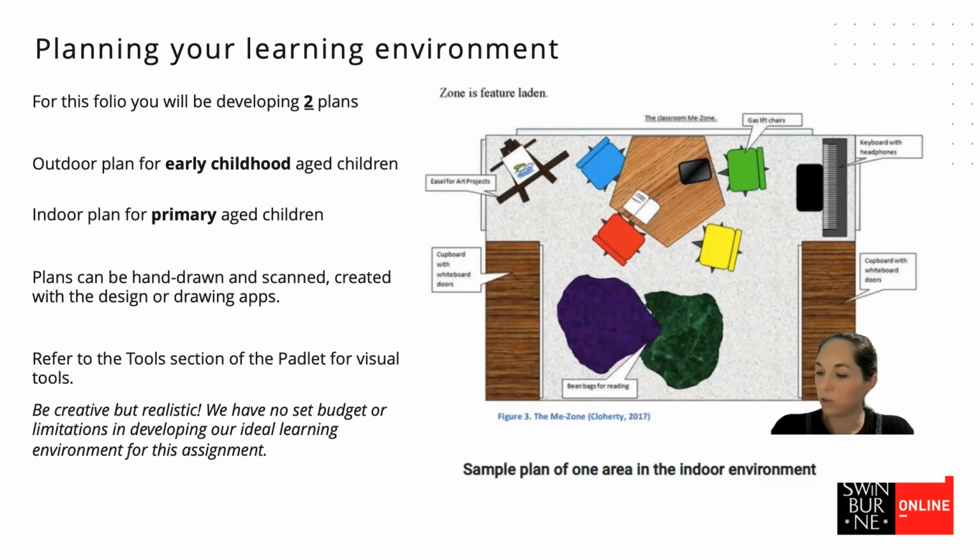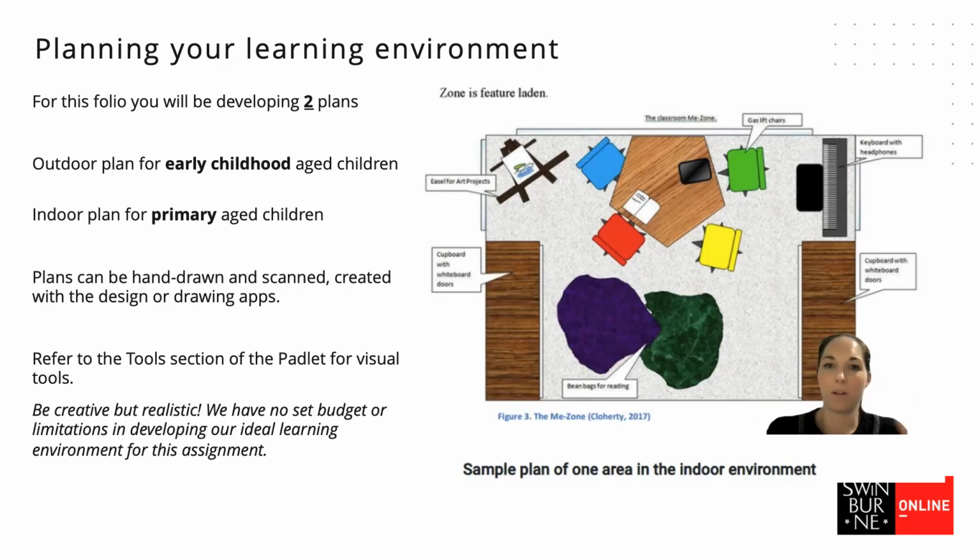So what you can do here, say for example, for your indoor plan for the primary age children, you can focus on the wider room, or you could just focus on one section of the room. For example, if you were implementing a makerspace in your room for the primary children indoors, you could just focus on the makerspace for your plan if you liked.